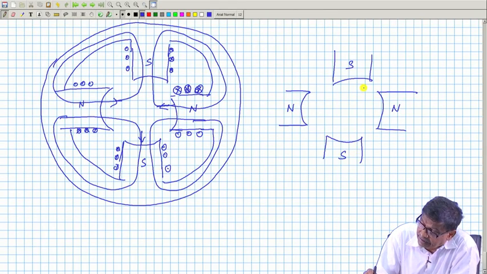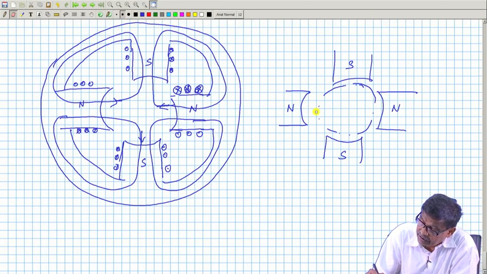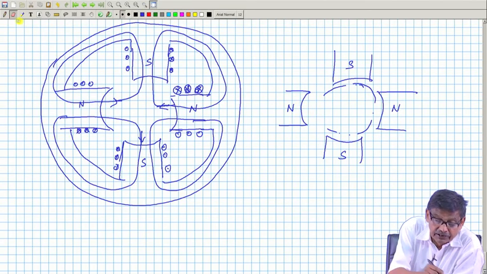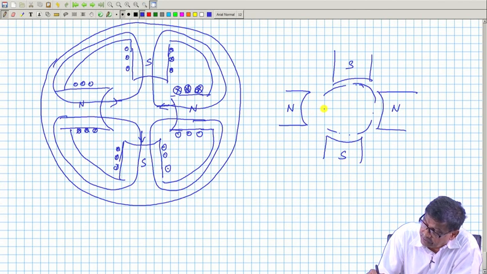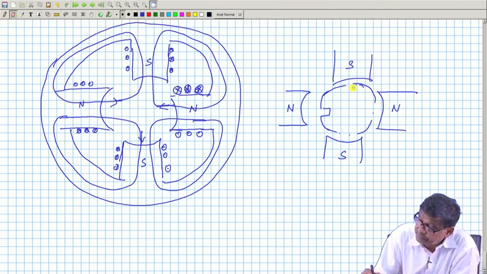Now, let us come back to the armature, which is a circle with a lot of slots and teeth. For example, here is a slot. Here is also a slot.